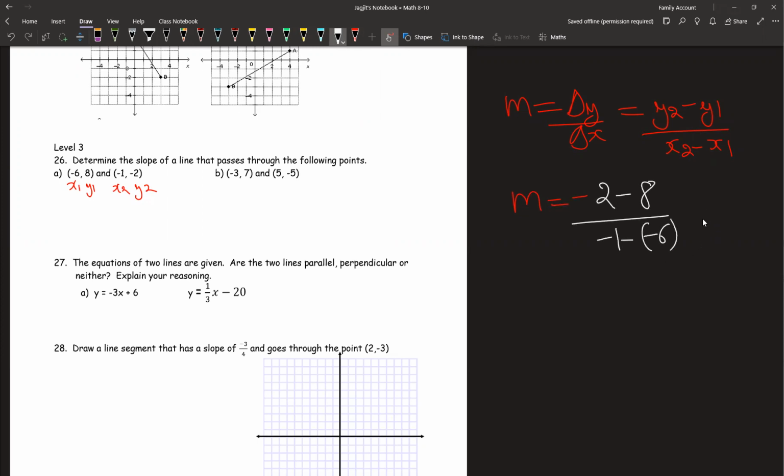Be careful about the sign. The top is minus 10 and the bottom is minus 1 plus 6, which is 5. 10 divided by 5 is 2, so your slope is minus 2. Whenever they give you the points, to get the slope, you will do y2 minus y1 over x2 minus x1.